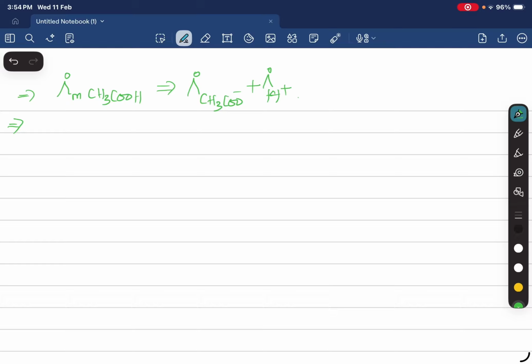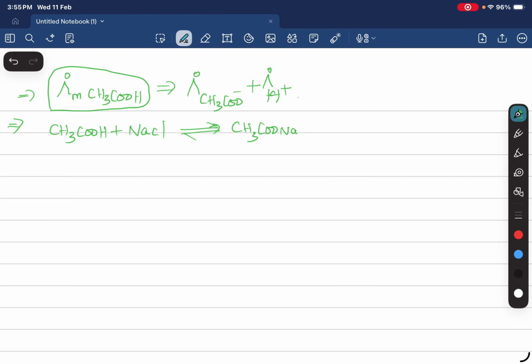Suppose they give an equation and ask what is lambda naught m of CH3COOH by giving other electrolyte values. Take the example of CH3COONa plus HCl giving CH3COOH plus NaCl. We need to find the lambda m naught value for this.